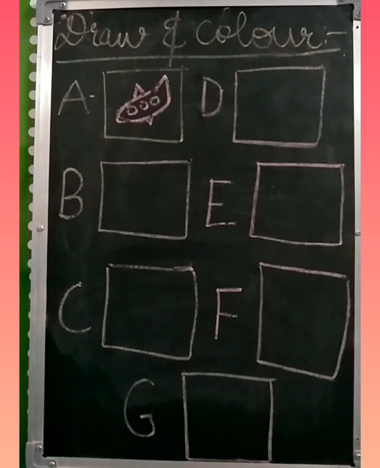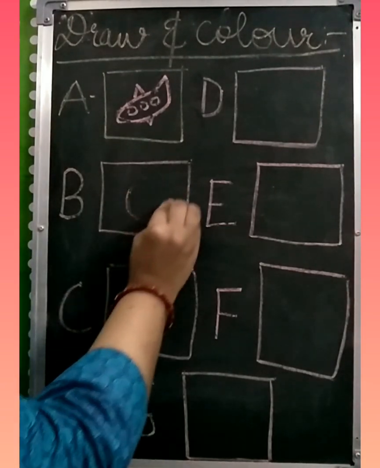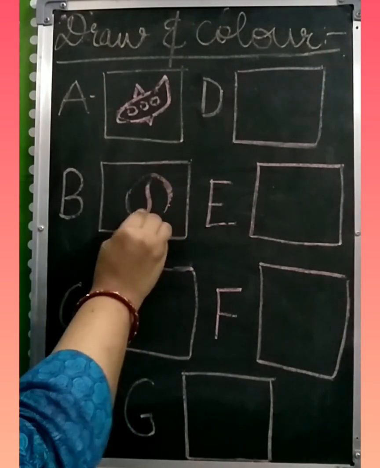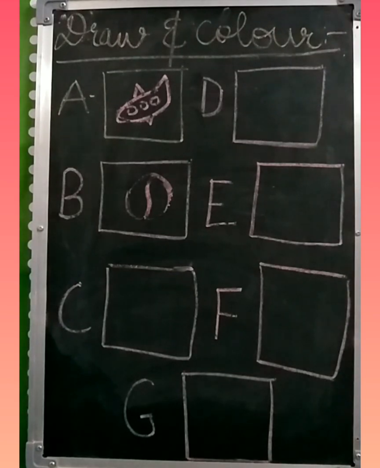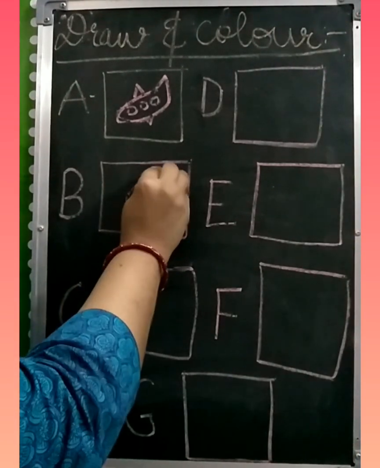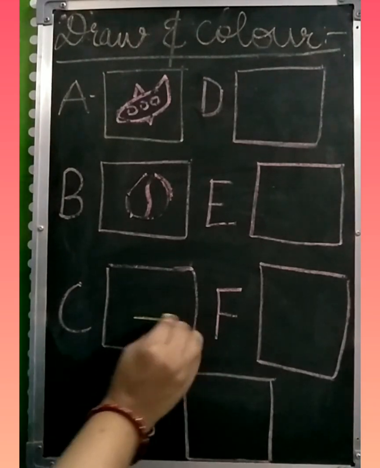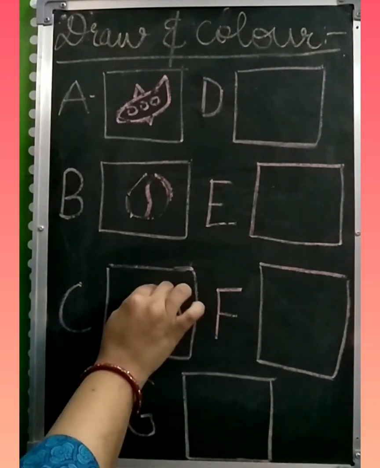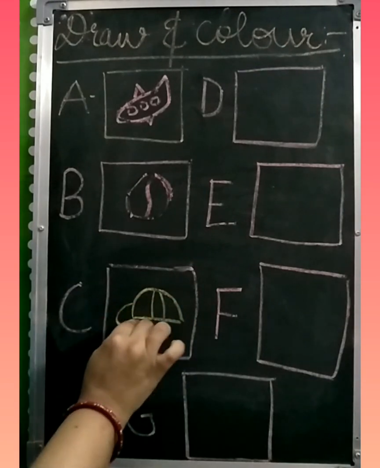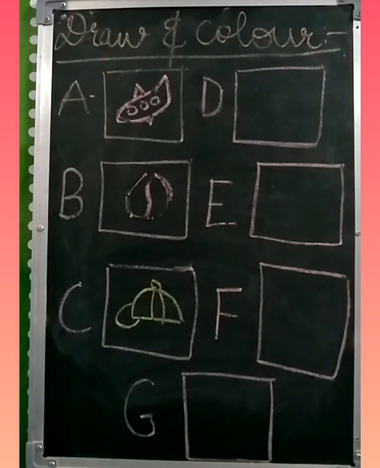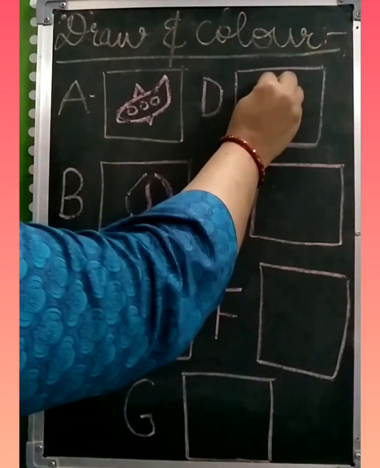Baba, ball. Let's draw ball. Simple ball. Okay. Baba, B. Then kaka, cap. We will draw cap. First we will make semicircle, then make two lines like this and this. Kaka, cap. Da. Let's draw duck.